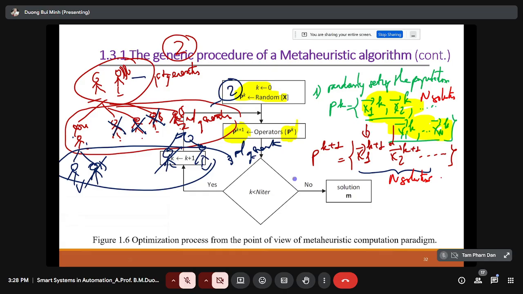And then you need to check whether we reach the maximum iteration or not. If not, come back, update the population, calculate, and double check whether this condition is satisfied, and then repeat. After we reach the maximum iteration, you get the best solution.